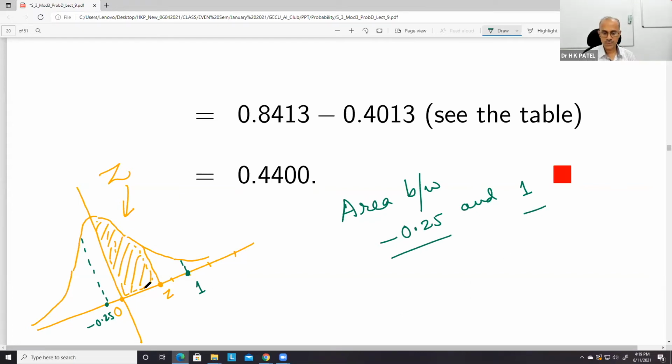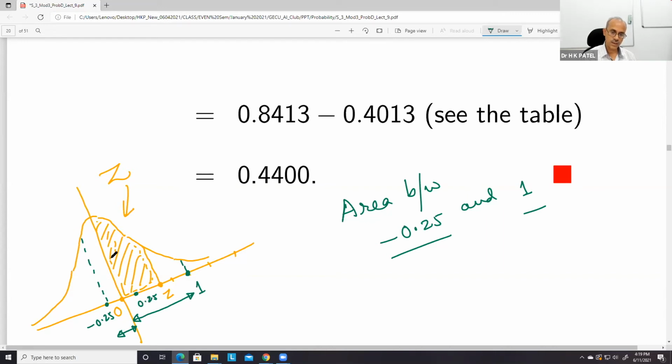But if this type of table is given to you, then what you have to do, you have to divide this in two parts. This is one part of the area, and the second part will be this part. Okay, but you will not find a value for minus 0.25 in your table. Okay, so what do you do? You find the value for 0.25.